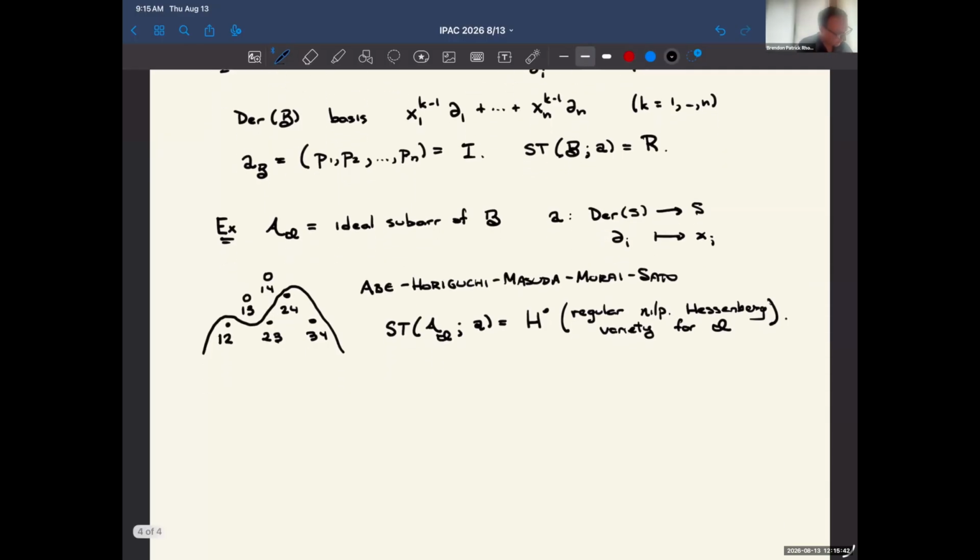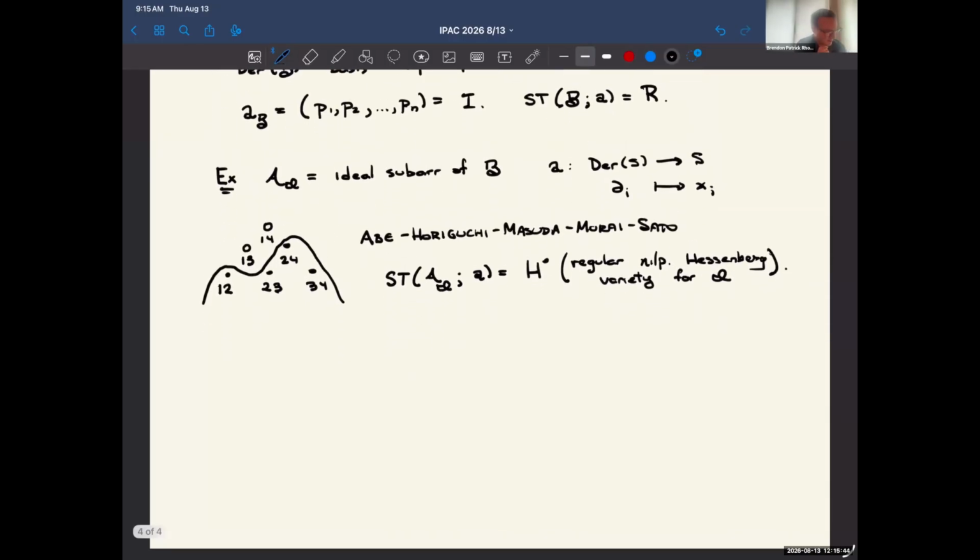Okay, so what arrangements are we going to be looking at? We'll be looking at something just a little bit bigger than the braid arrangement. So if I write B tilde, this is going to be the extended braid arrangement.